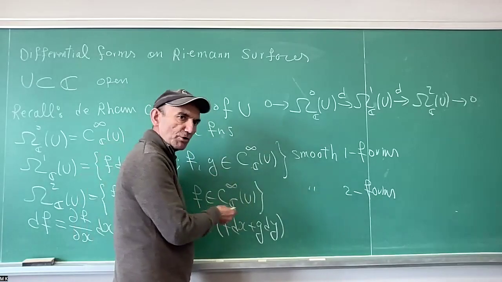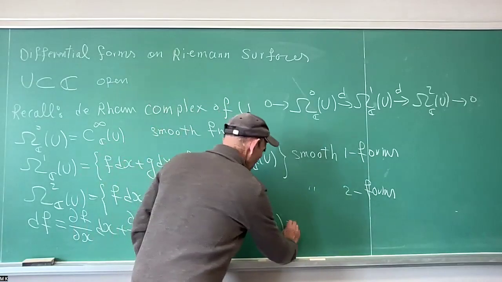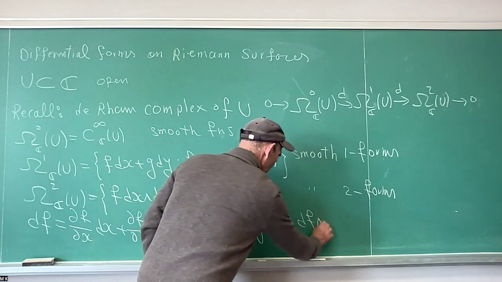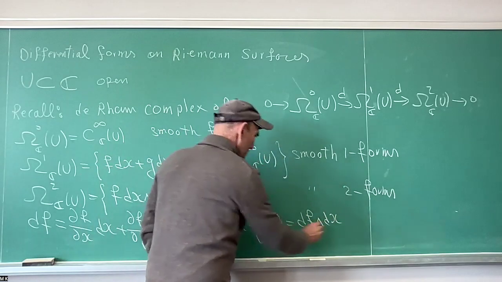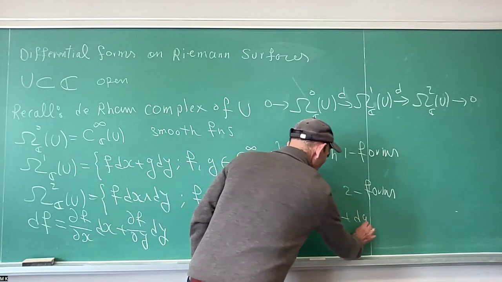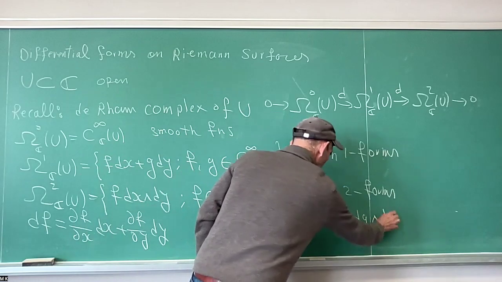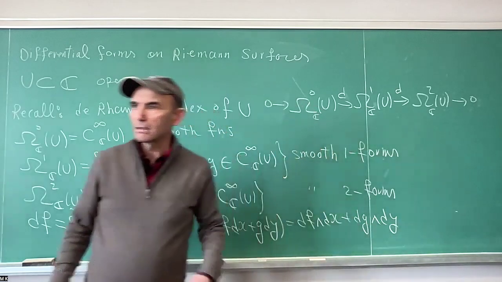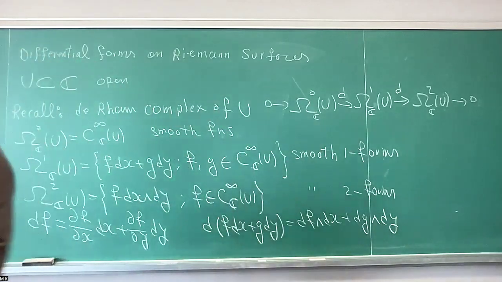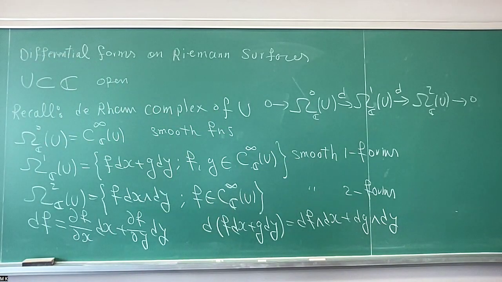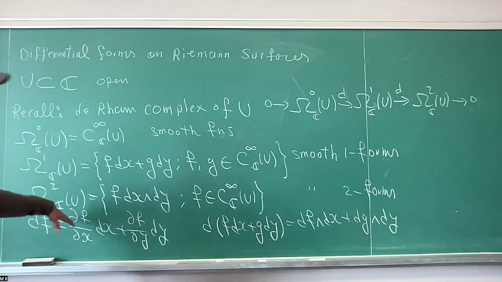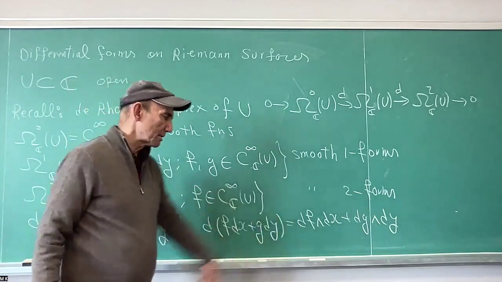The recipe was very general: this is equal to df wedge dx plus dg wedge dy. Remember, to differentiate a form, we just differentiate the coefficients, because the coefficients are just functions, and we can differentiate functions by using the de Rham differential, and then wedge it with the rest.